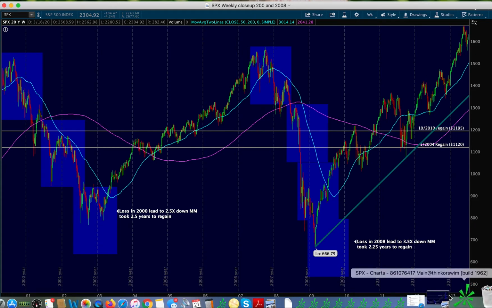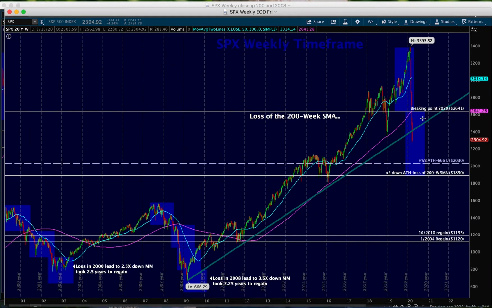I had a thought as well that if the time comes and we blast on down through 1890, what probably would be the last and final target is, and 1890, as you can see if we look to the left, lines up with those lows that we made in 2016 for the Jamie Dimon bottom.